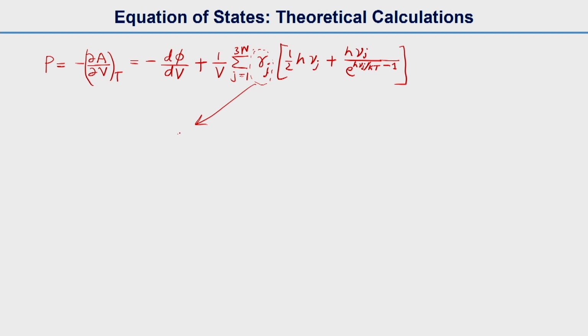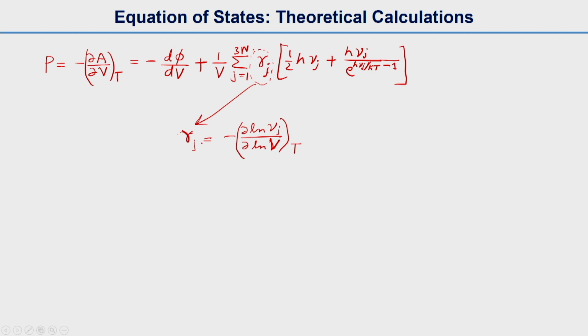So gamma_j is minus the partial of ln nu_j with respect to ln V, where V is the volume and nu_j is, as you know, the frequency of vibration at constant temperature.